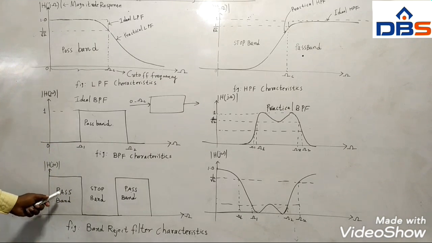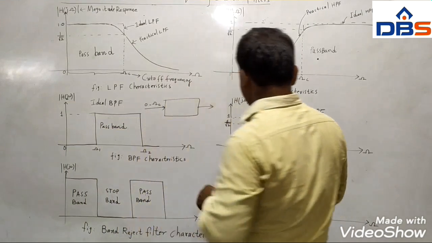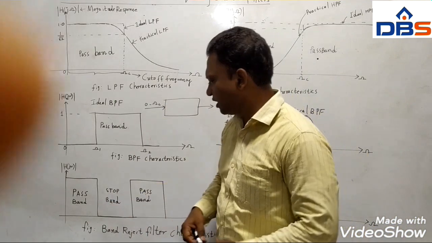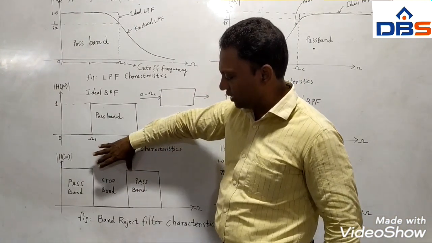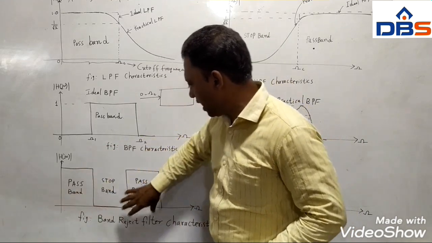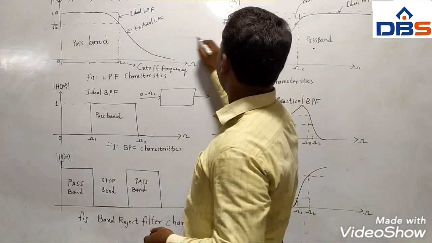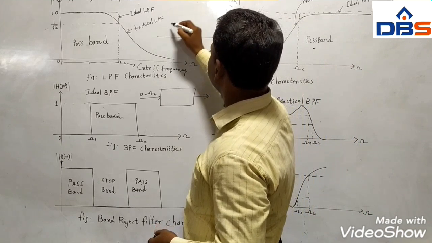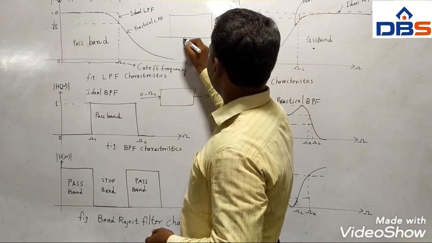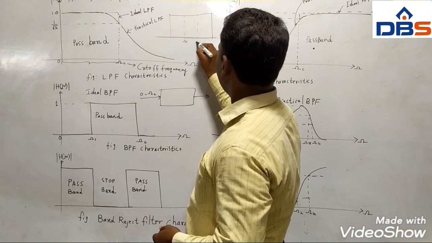Now this is a band reject filter, or band elimination filter. Here, suppose there is a complete frequency spectrum like this, and I don't want to send a particular frequency band, omega 1 to omega 2.